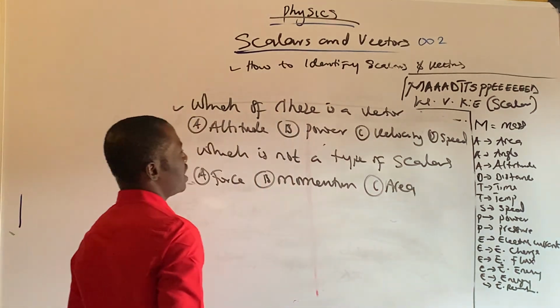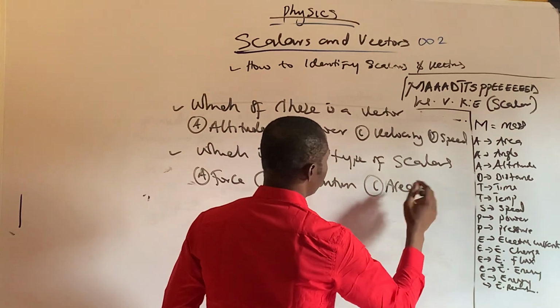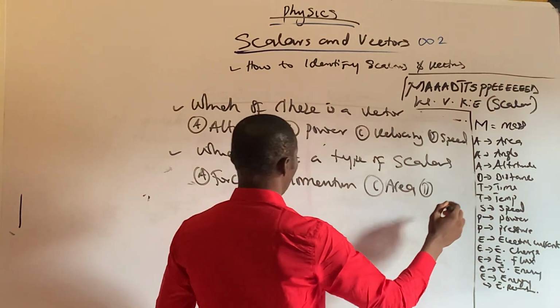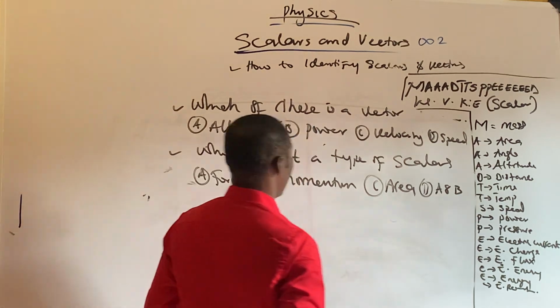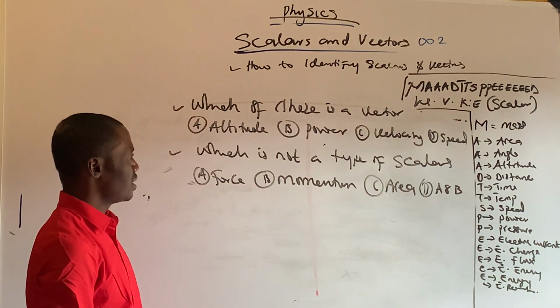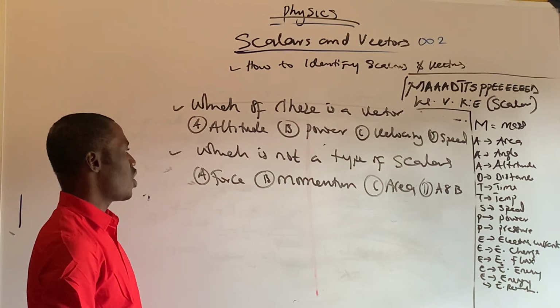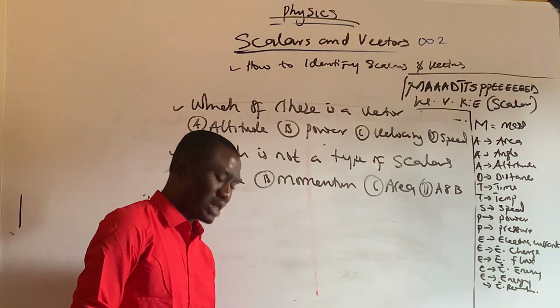Then D, we have A and B. All right, so which of these is not a scalar quantity? Of course, the answer is force and momentum, but I leave you to answer the question for yourself.